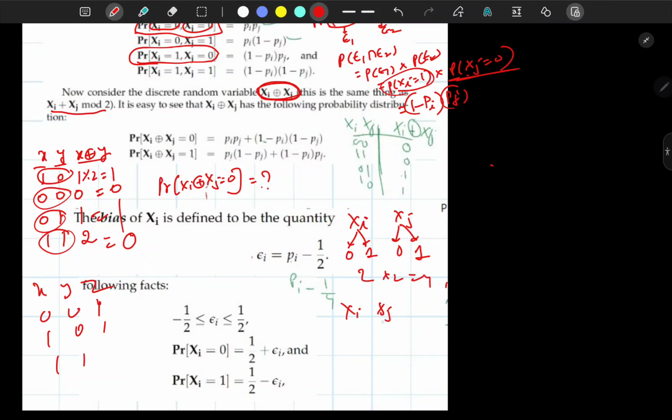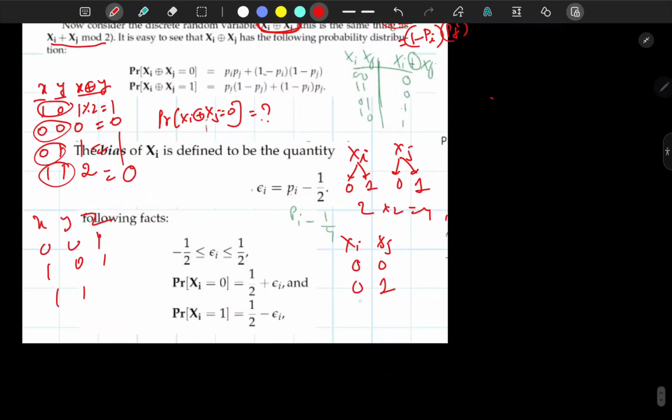So write like this: 0 0, 0 1, 1 0, 1 1. If you know the fundamental principle of counting: if one work is done in m ways and another work is done in n ways, then both can be done in m into n ways. Like that here also. Something simple, easy.